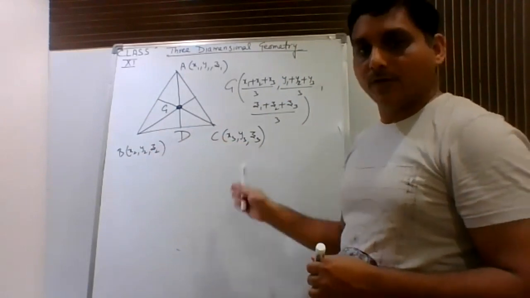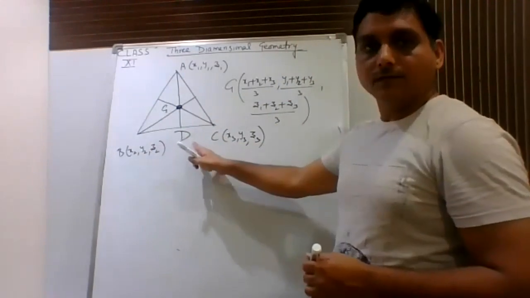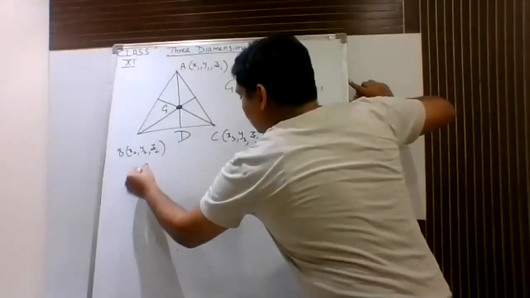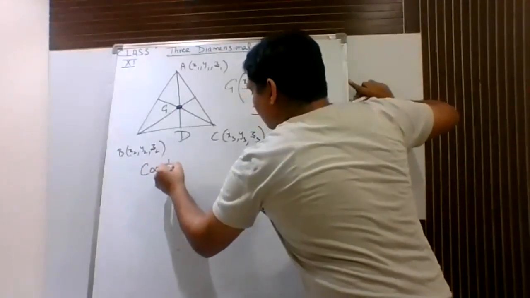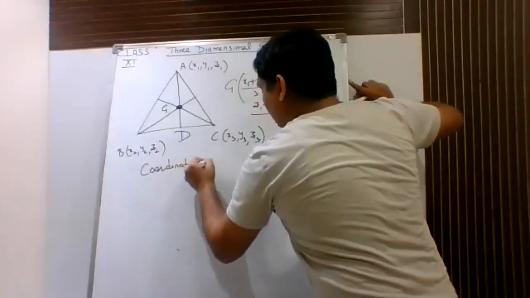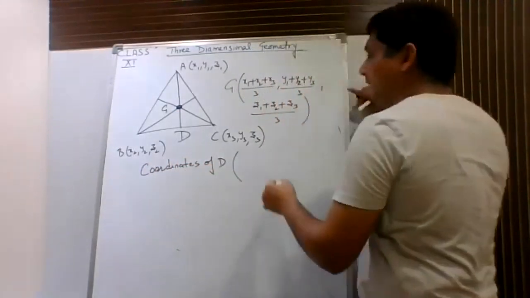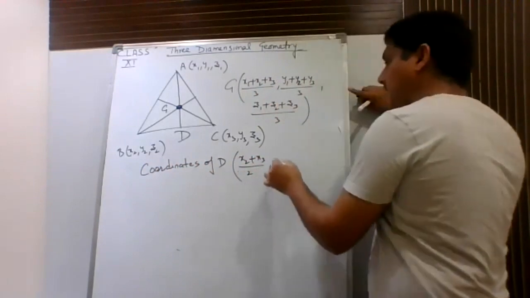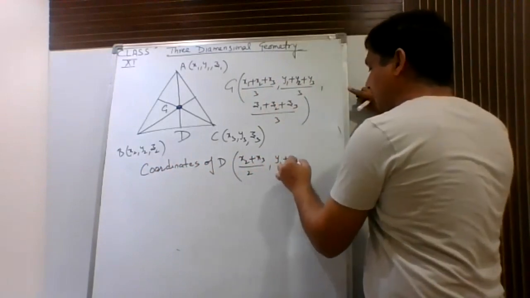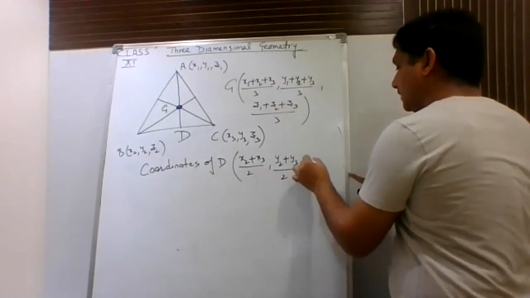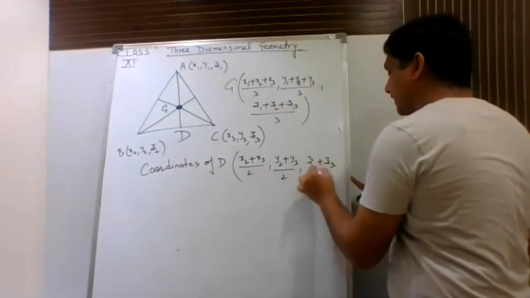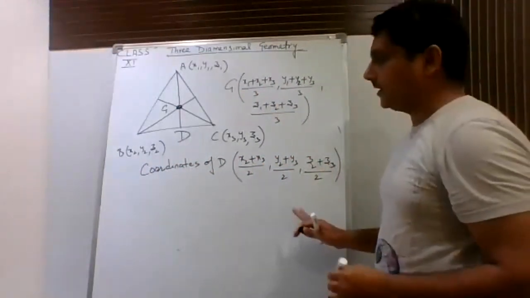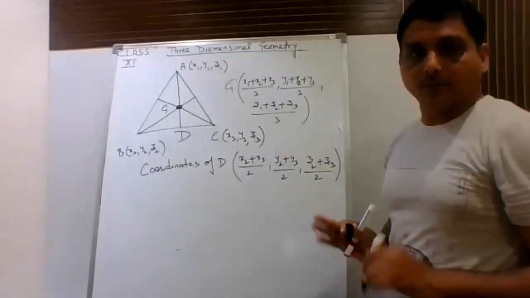This is your first step. The coordinates of D will be x2 plus x3 upon 2, comma, y2 plus y3 upon 2, comma, z2 plus z3 upon 2. So this is how we get the coordinates of point D using the midpoint formula.